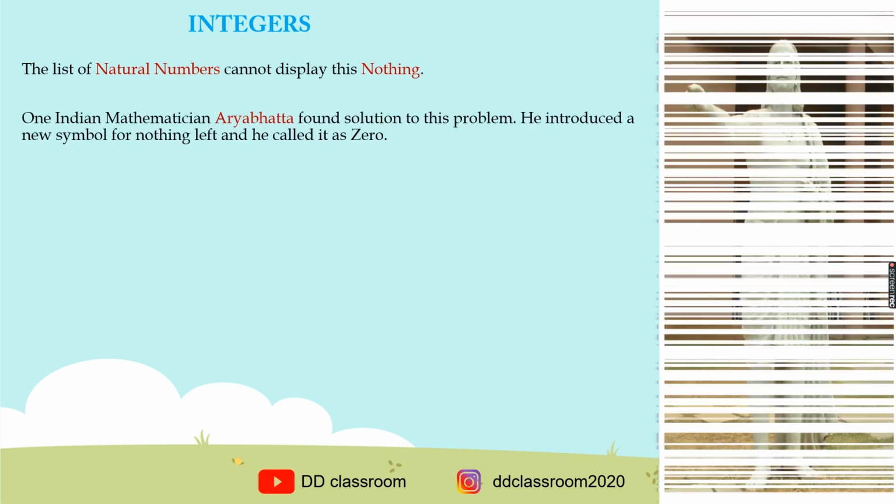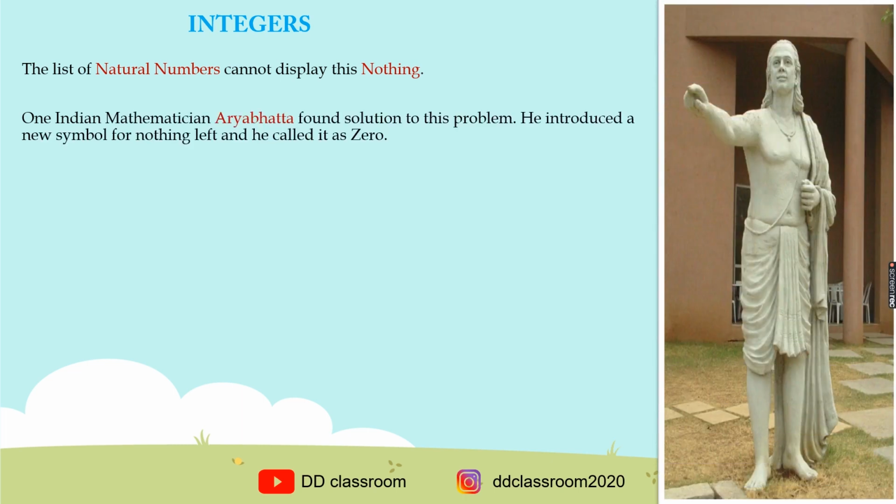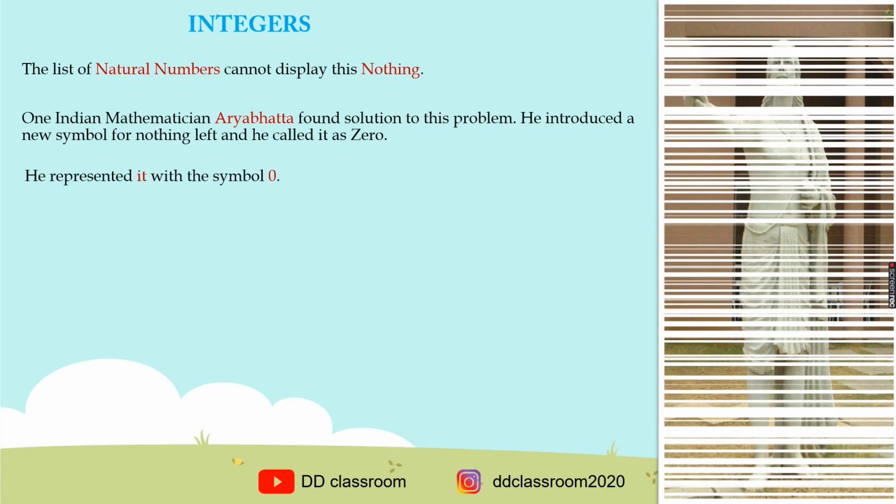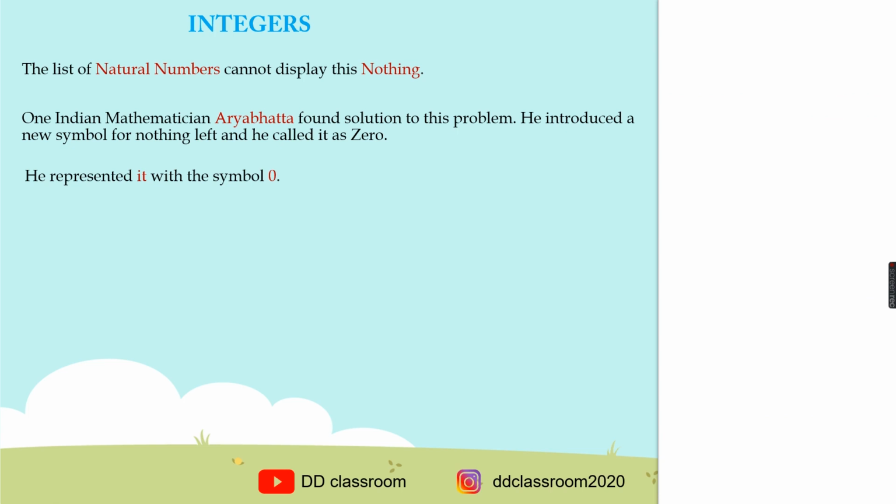One Indian mathematician, Aryabhatta, found solution to this problem. He introduced a new symbol for nothing left and he called it as zero. He represented it with the symbol of zero. The set of all natural numbers together with zero is the set of whole numbers.